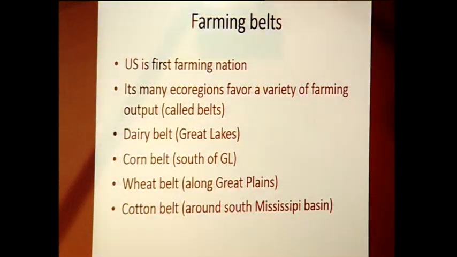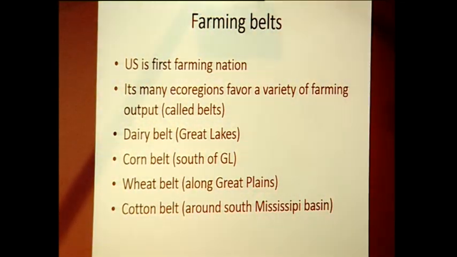They are called belts. We have the dairy belt in the area of the Great Lakes. If you can see the map again, it's the northeast, where we have the Great Lakes. There you have cattle raising, cows and milk.